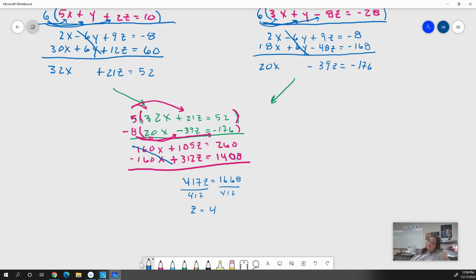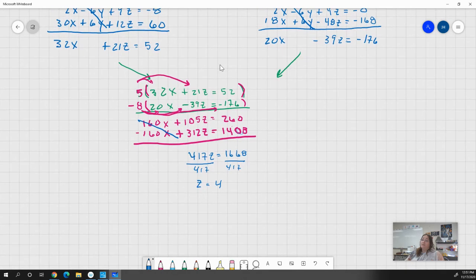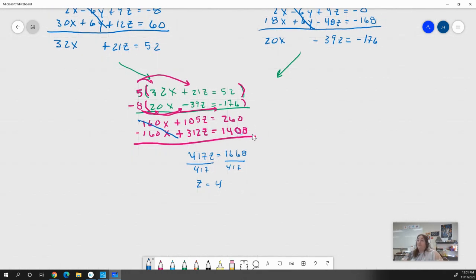No guesses? You're right, I plug it in. I plug it into one of the equations. Now, I don't plug it into one of the original equations because we don't have a y value yet, but we do have x and z's in either one of these. So I can choose either one of these and it'll give me an x value.